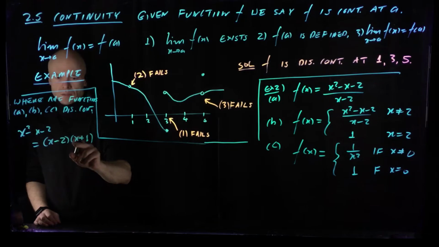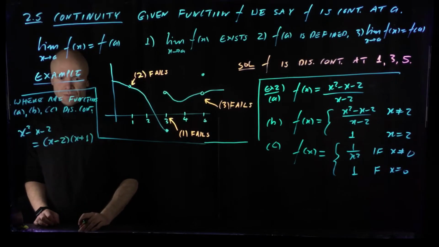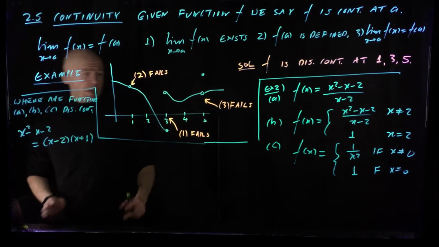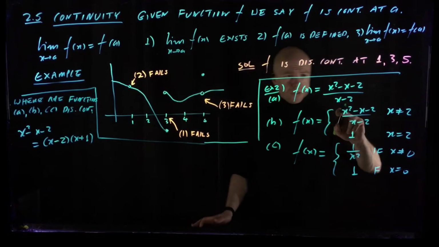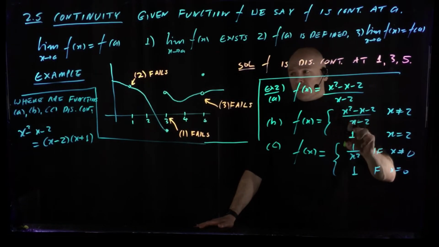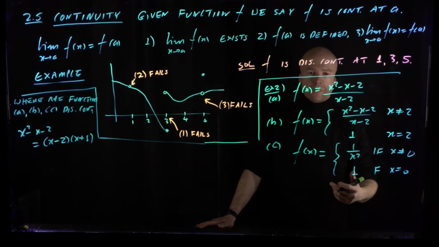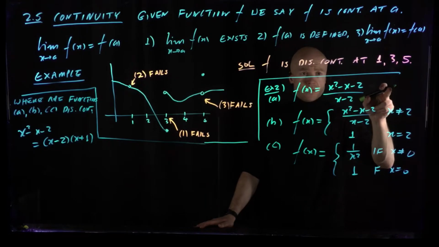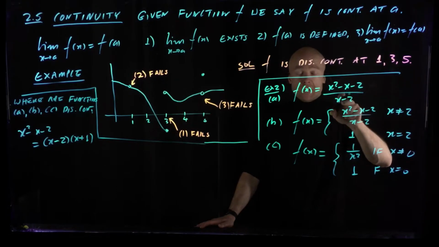So we're going to get an x squared, a minus 2x, a plus x, and a minus 2. Right? So if we do this factorization, the top is just going to be x minus 2 times x plus 1, and for x not equal to 2, it just cancels and equals the function x plus 1. However, for x equals 2, this thing is just not defined.